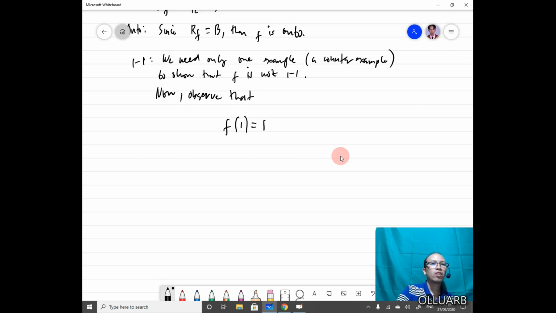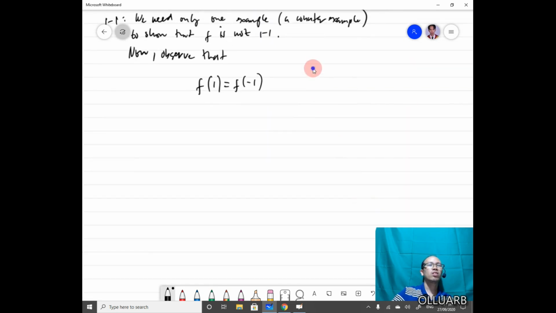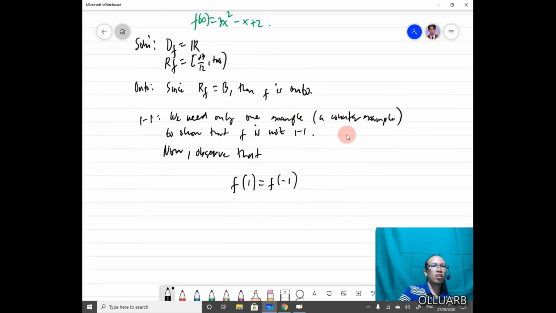and -1. Notice if you substitute, this is our equation. Is this equal to 3 times -1 squared minus -1 plus 2, and 3 times 1 squared minus 1 plus 2?